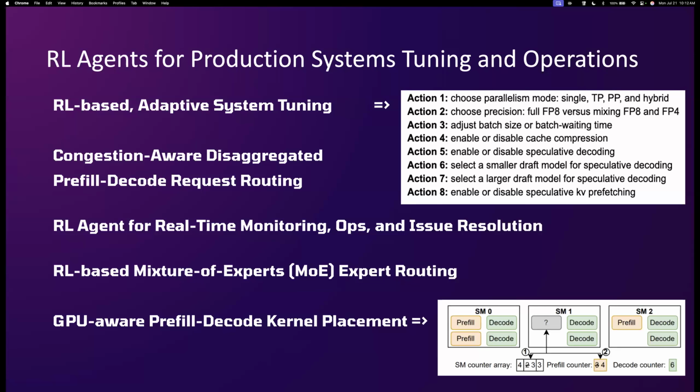I might want to place a prefill and a decode right next to each other on the same streaming multiprocessor, because they're going to share data, and that data will then only have to stay on the exact same streaming multiprocessor, which shares memory and shares a lot of things, like registers, all that kind of stuff. So being aware of where certain prefills are currently, and then being able to place the prefill and the decode right next to each other.